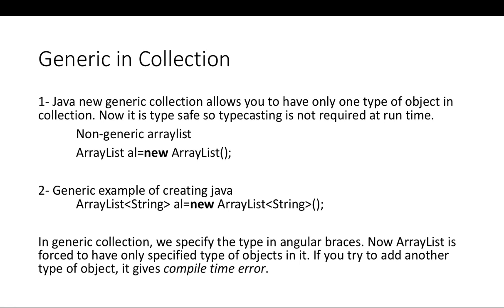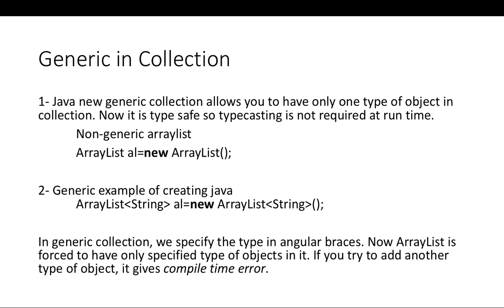Till now we have used this way, ArrayList obj1 equal to new ArrayList, but Java suggests you can create an ArrayList of a specific type. It will help us to store the values with less memory. So in a generic collection we have to specify the type in the angle brackets.